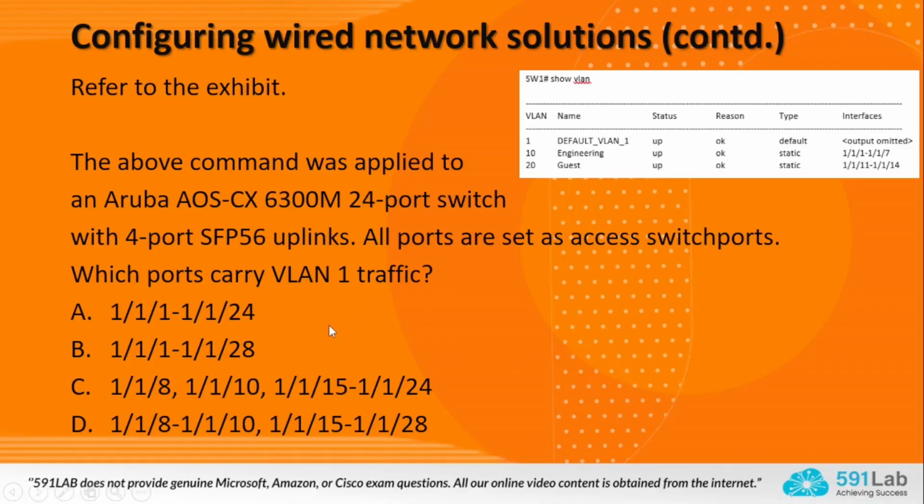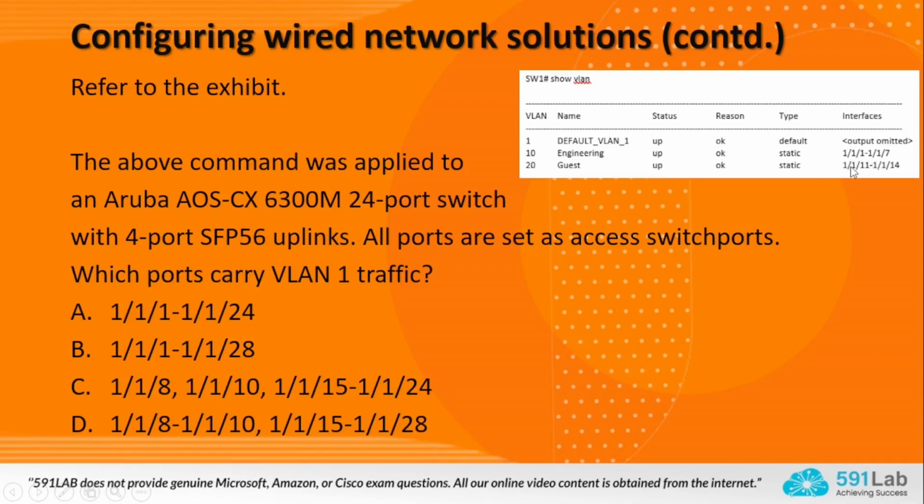Now, this is a 24-port switch with 4 SFP56 uplinks, so totally there are 28 ports. They have given outputs: 1 to 7 assigned to VLAN 10, then 11 to 14 to VLAN 20.